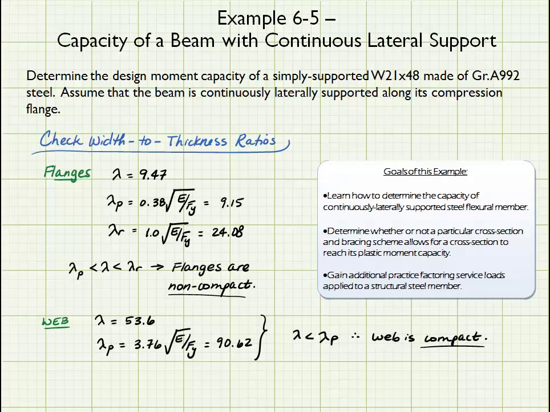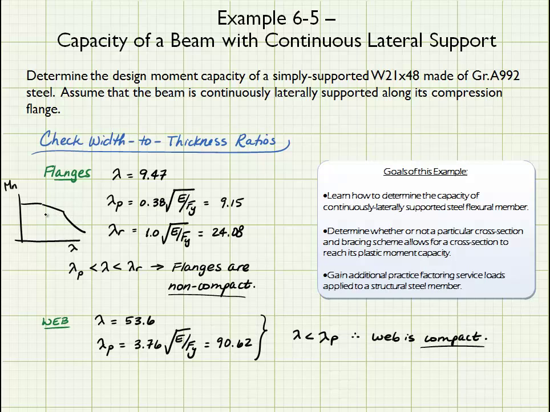Okay, so to figure out what to do with this information, I know that I'm not going to be able to reach the plastic moment capacity because the flanges are going to be less stocky, so they're going to be more susceptible to local buckling, and we're going to have to reduce the strength to account for that local buckling. So if you remember our relationship for local buckling, here's my nominal moment capacity, here's slenderness.